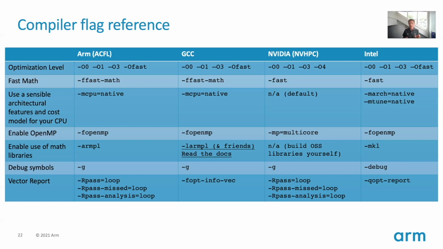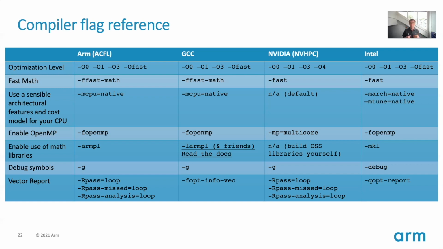So when I've said loop here, that partially matches against the loop vectorization pass and also the loop unrolling pass. So when you give -Rpass=loop, you'll see a bunch of output as you compile that says, here's the decisions I'm making about each of the loops that I'm seeing in my code.